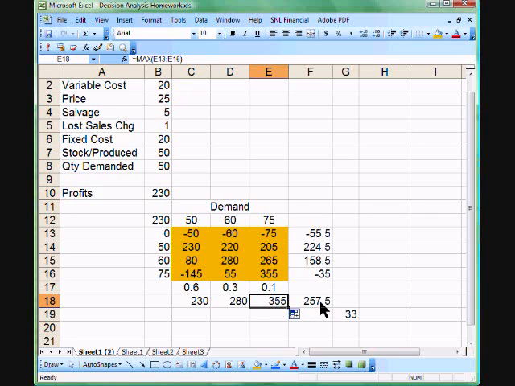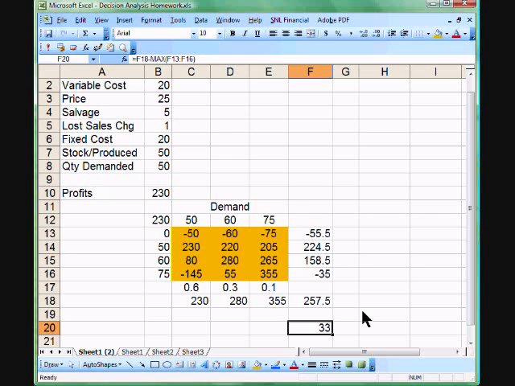And when we do our weighting, we end up with 257 as our profits, and 224 is the profits that we would get without it. So now we find that if we have this magical crystal ball, we end up making $33 more per week.